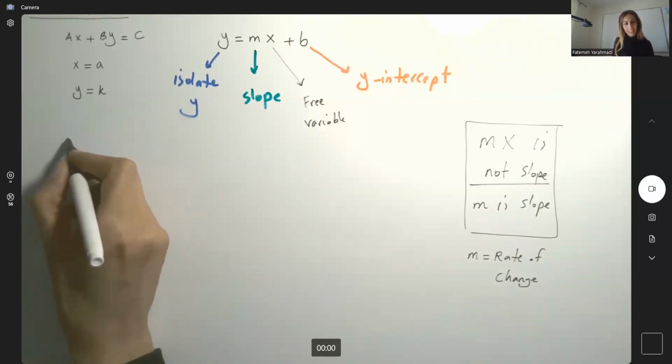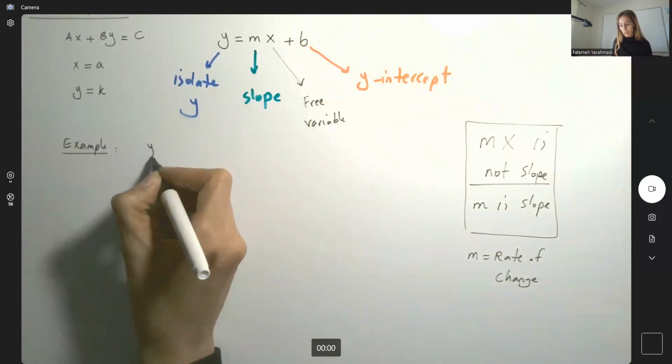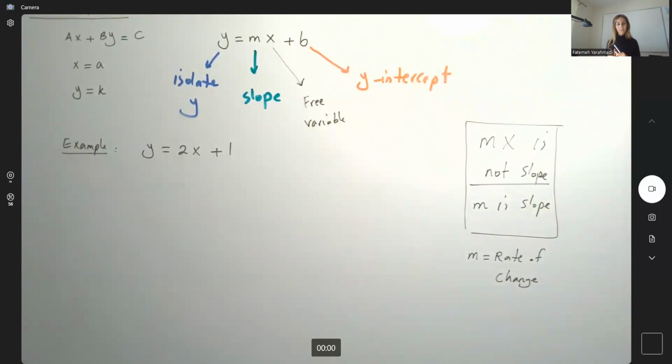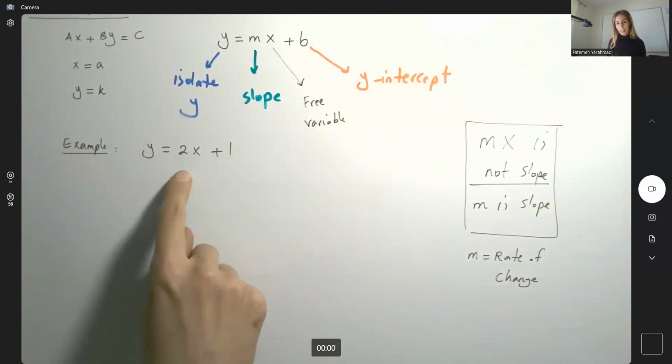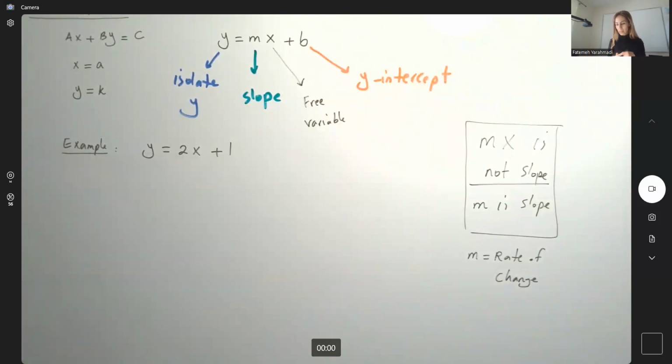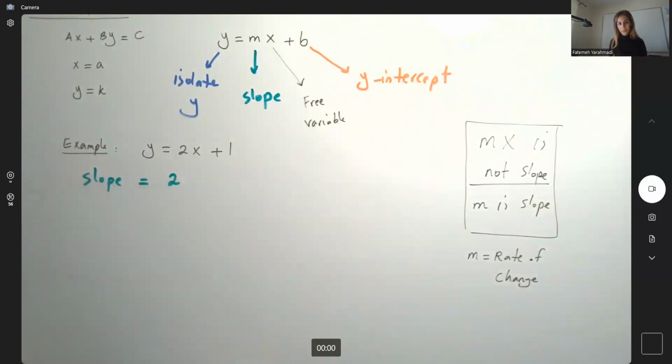Let's go over some examples for you. In this example, I give you y equals 2x plus 1. First of all, you're going to say that the slope is equal to 2.